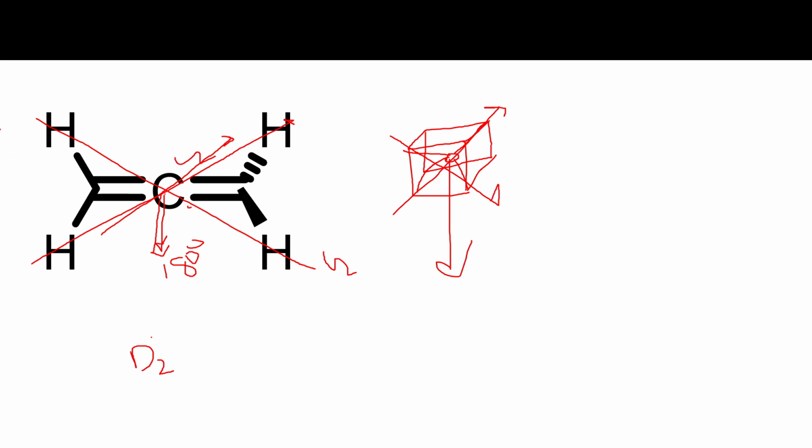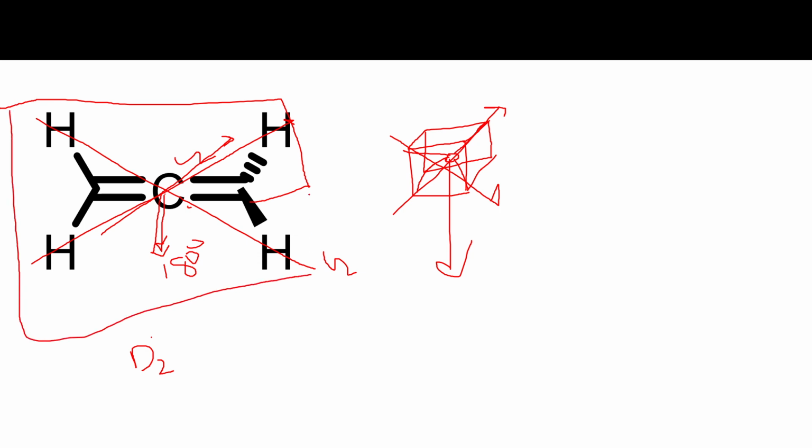And there will be one sigma plane present like this, if you cut this molecule throughout this hydrogen atom like this. So if there are 3 C2 present, there will be 3 sigma V also present.